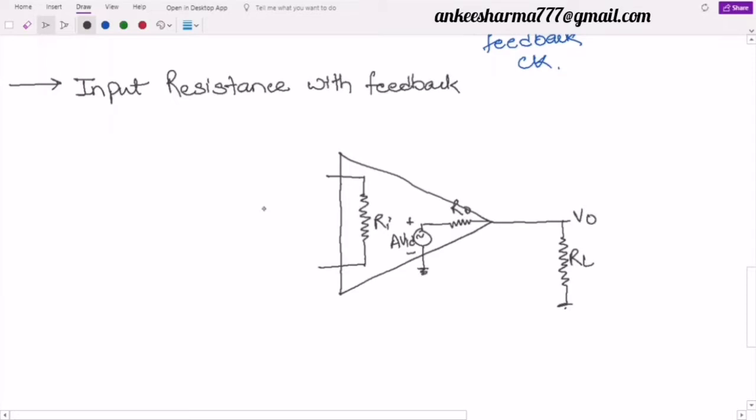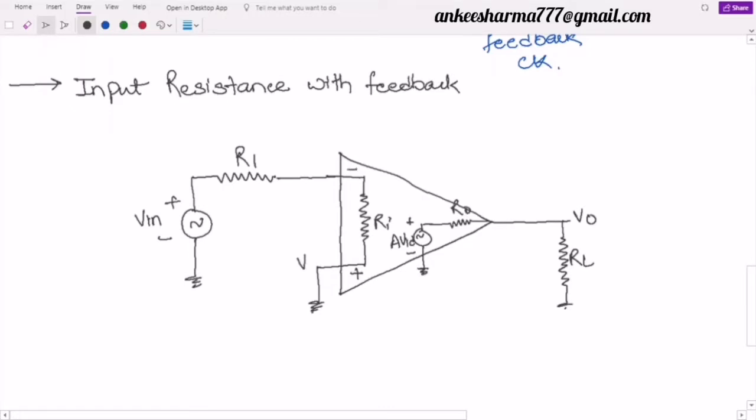Now, if I look at this input, there is also R1, which was connected to a voltage source, let this be Vin, and this non-inverting terminal was connected to ground, right?